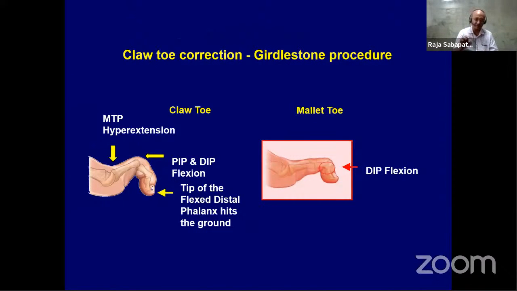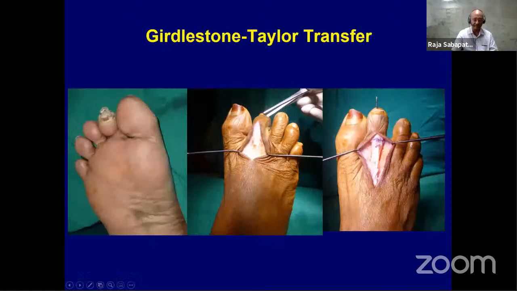These are all very common situations that you will find in a diabetic. And you need to differentiate, because if you find hyperextension of the MTP joint, that's a claw toe. Whereas if you find flexion only at the DIP joint, then it's a mallet toe, and the technique and the treatment differ for them.